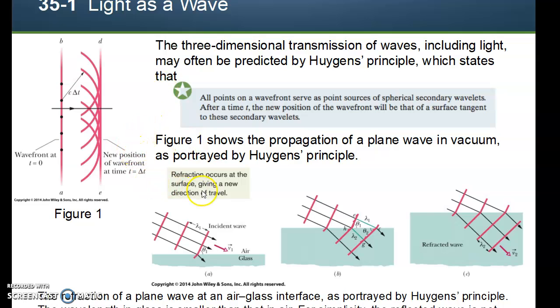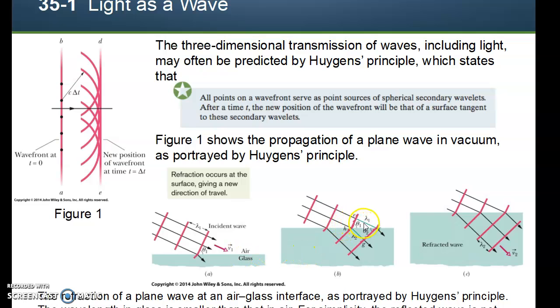Now, where this becomes interesting is when you have light going from one type of medium into a second type of medium, or through several other ones after that. The refraction that occurs at an air-glass interface is portrayed here, and the wavelength in the glass is smaller than that in the air.